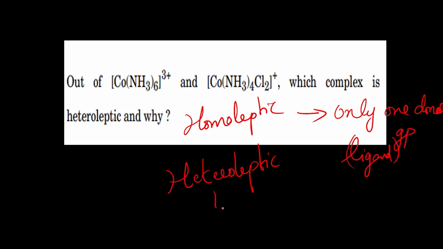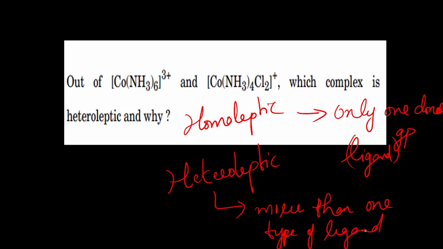In the case of heteroleptic, there is more than one type of ligand. Check this: which one is heteroleptic here? More than one type of ligand is present in this complex, so it will be heteroleptic, because it contains more than one type of donor atoms or ligands.